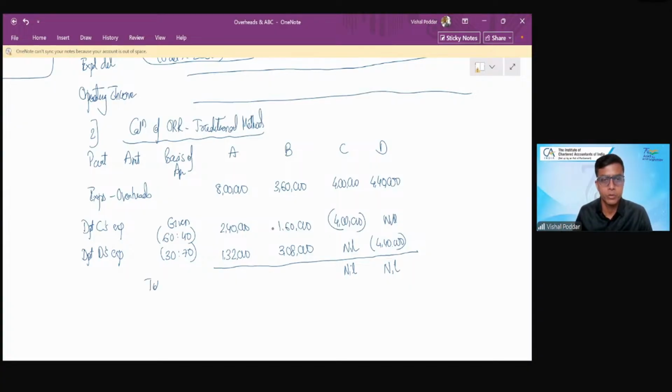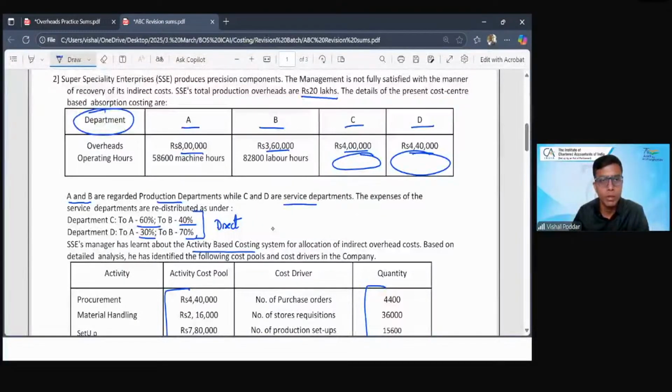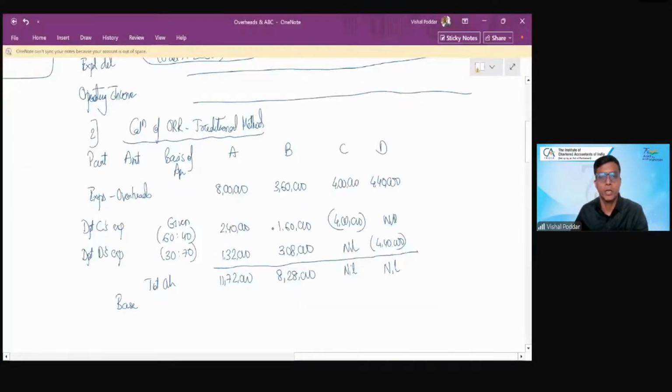Okay. So total overheads 1172, 3, 4, 7, 8, 28. Now the base: 58,600 machine hours, 82,800 labor hours. Now when I divide this, it is total overheads upon base.